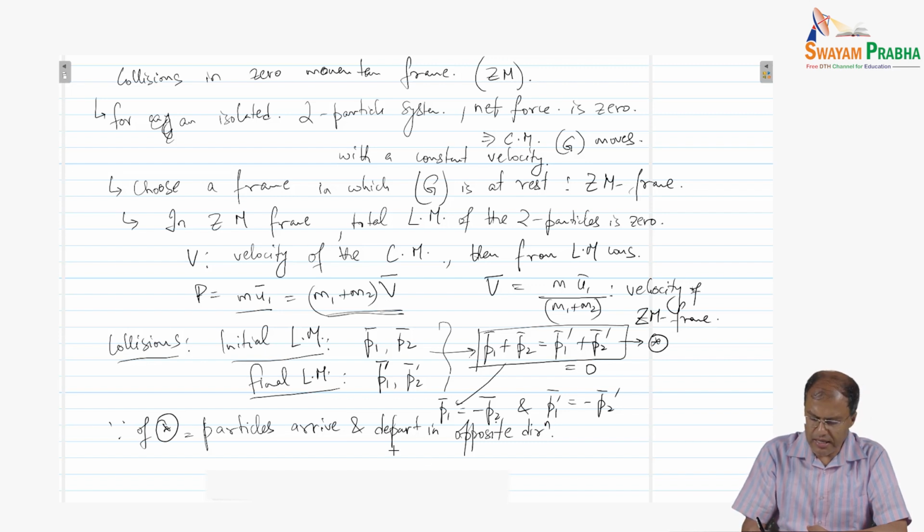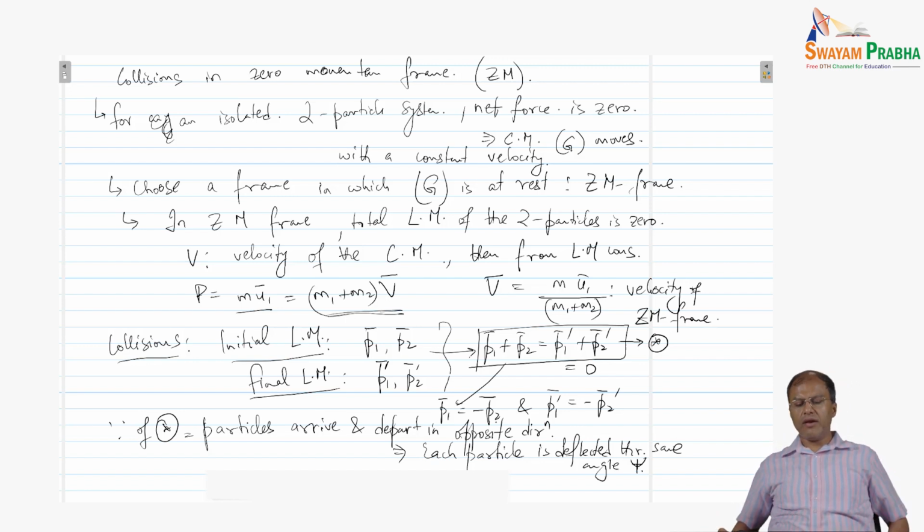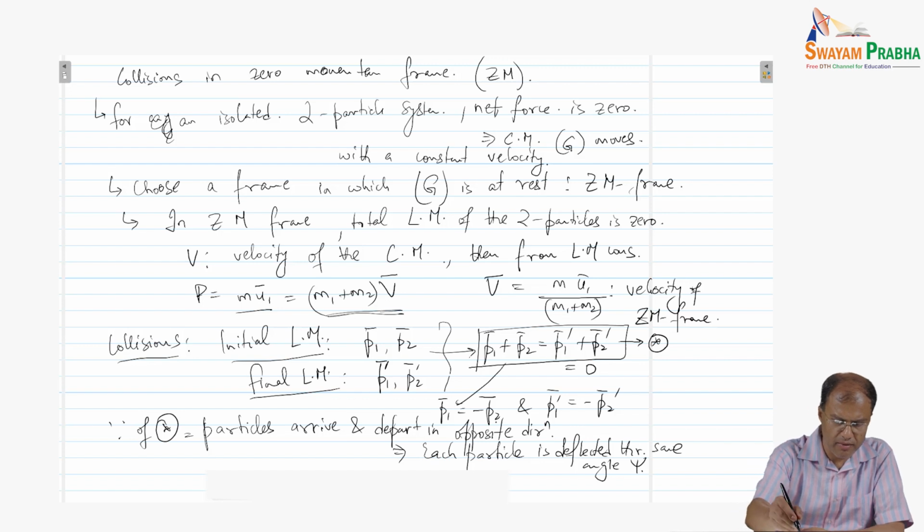And we see that each particle is deflected through the same angle psi. Each particle is deflected through the same angle psi here, and so let me draw the diagram and it becomes clearer.